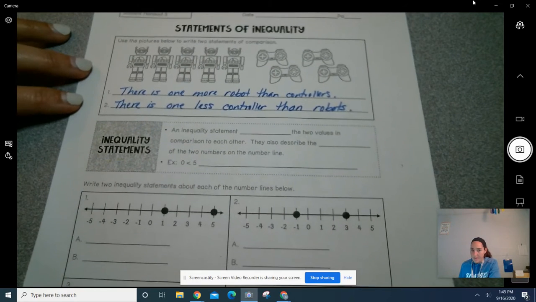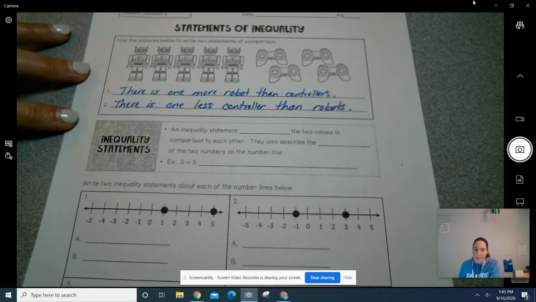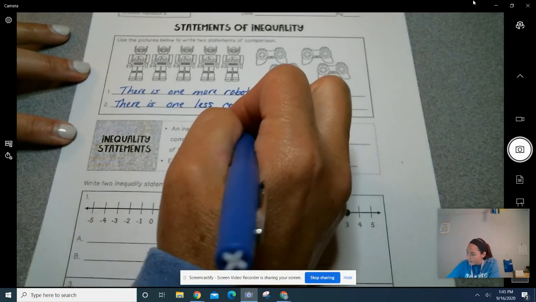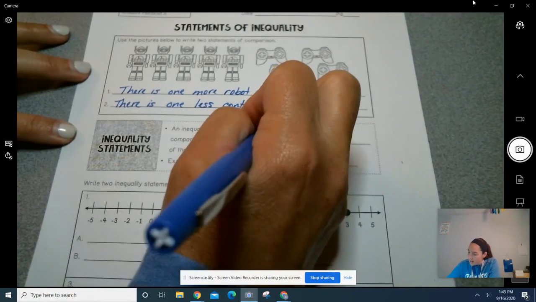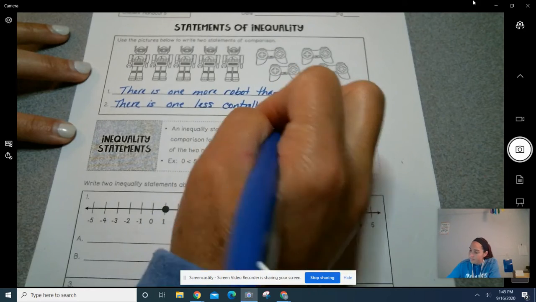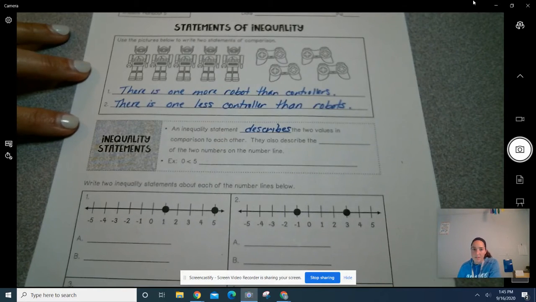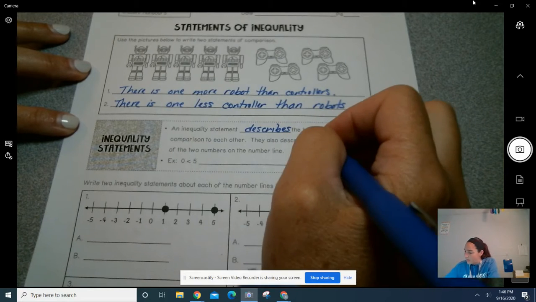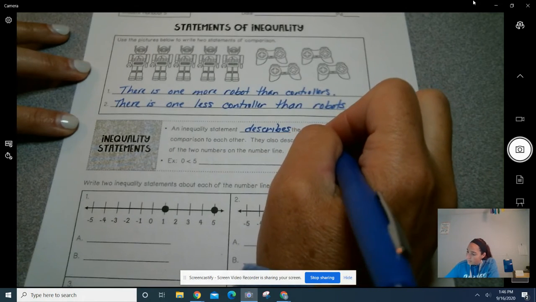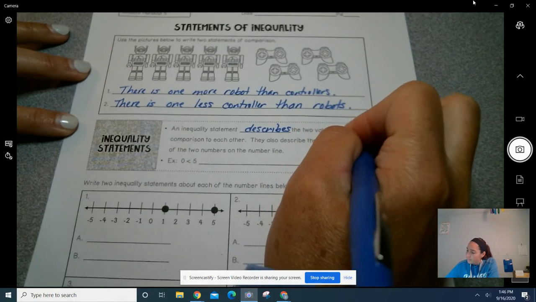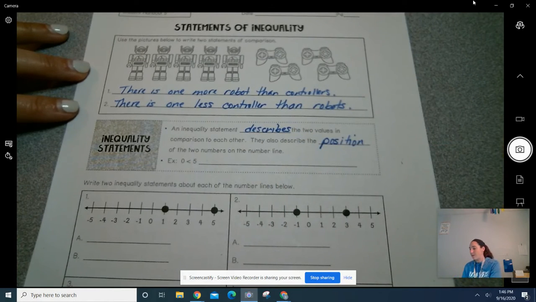All right. The next part says an inequality statement describes the 2 values in comparison to each other. They also describe the position of 2 numbers on the number line.